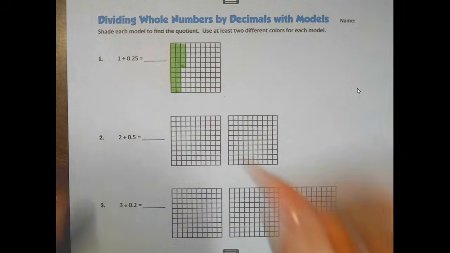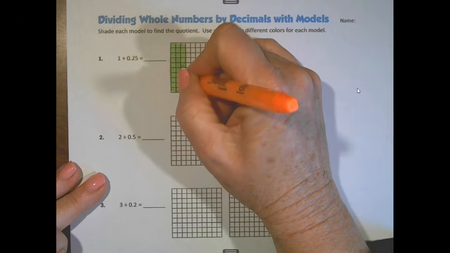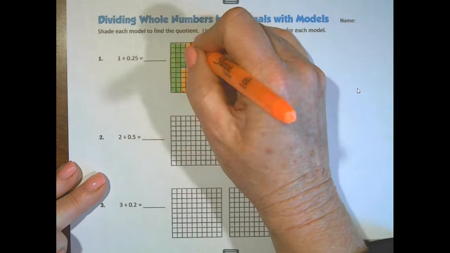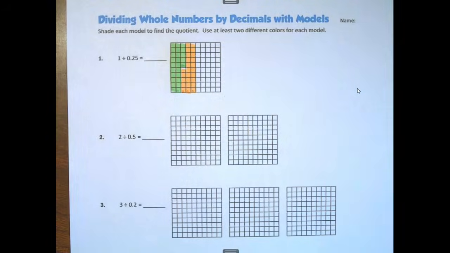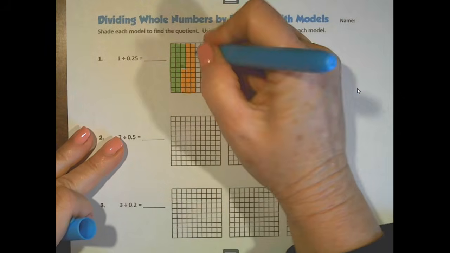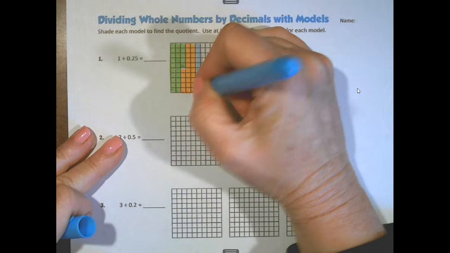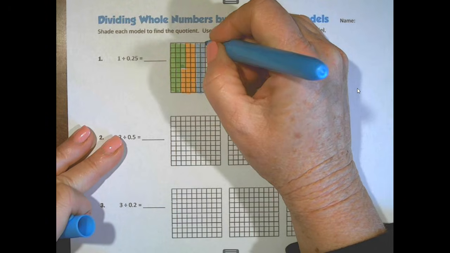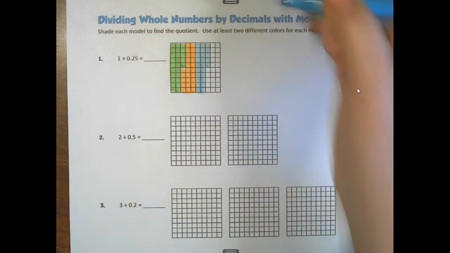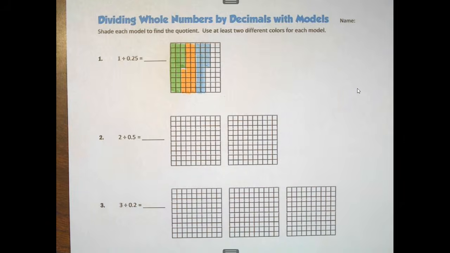I'm going to continue and look at another group of 25 hundredths, then another group. I'm just going to continue breaking up this one whole into 25 hundredths, equal groups of 25 of the little hundredths.